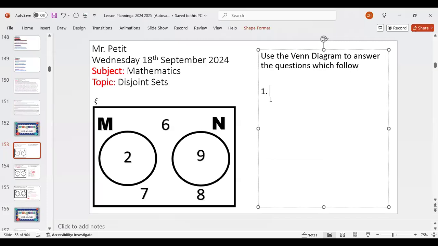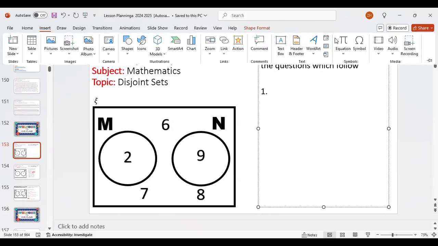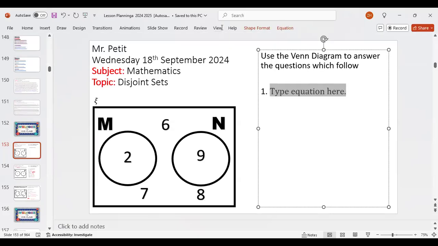Let's begin with question number 1. Remember, we're using the Venn diagram. We can start off very easy. I want you to tell me what are the elements of M.